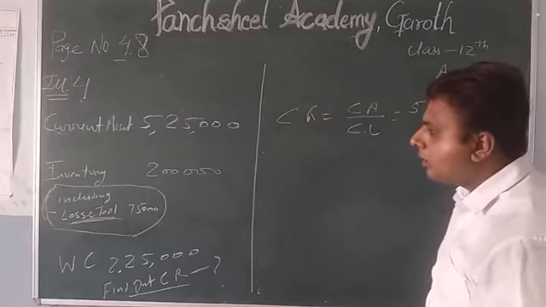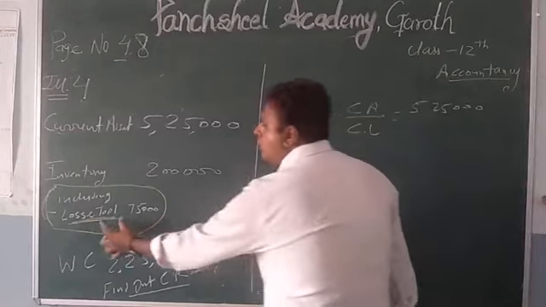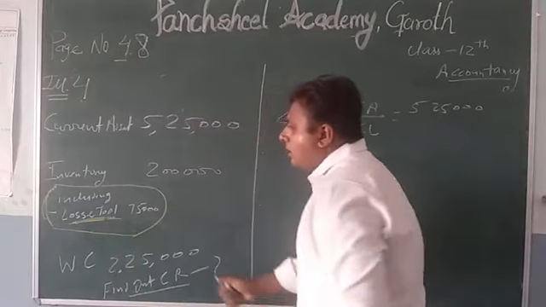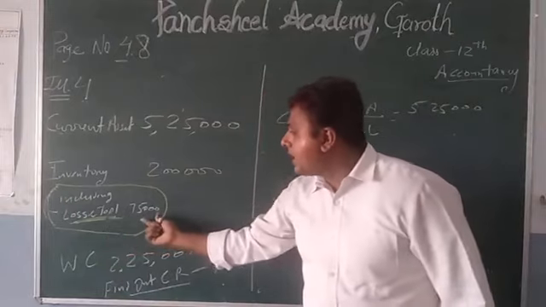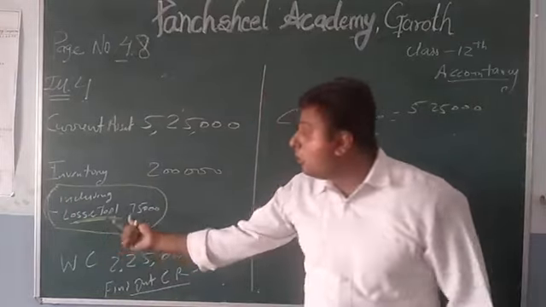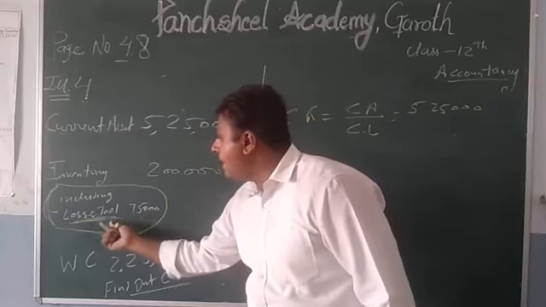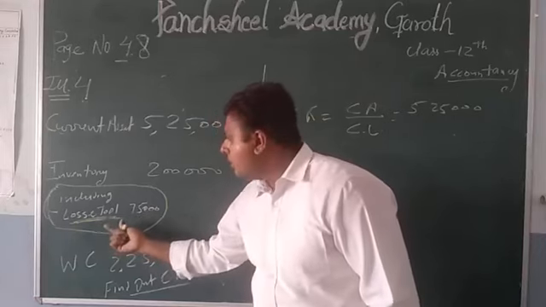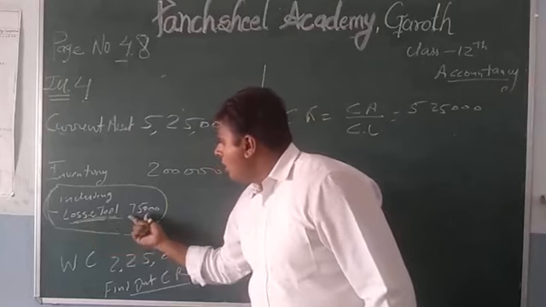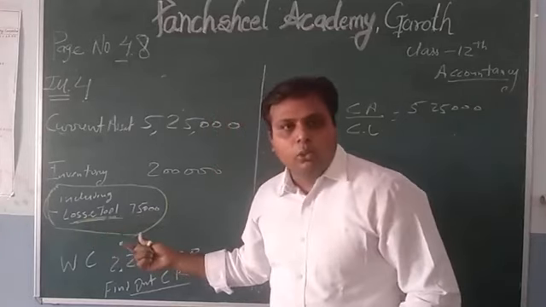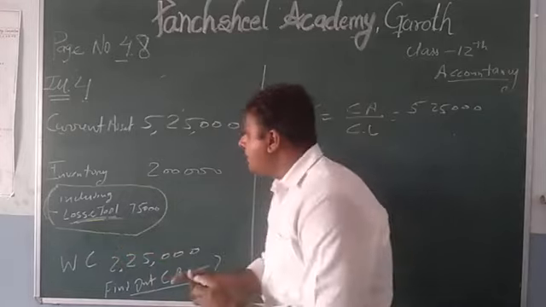But have you noticed loose tools? These tools and spare parts do not come under the current asset. These loose tools and spare parts are not given here in this question, but in the book it is available. I am talking about the tools. They are not the current asset.